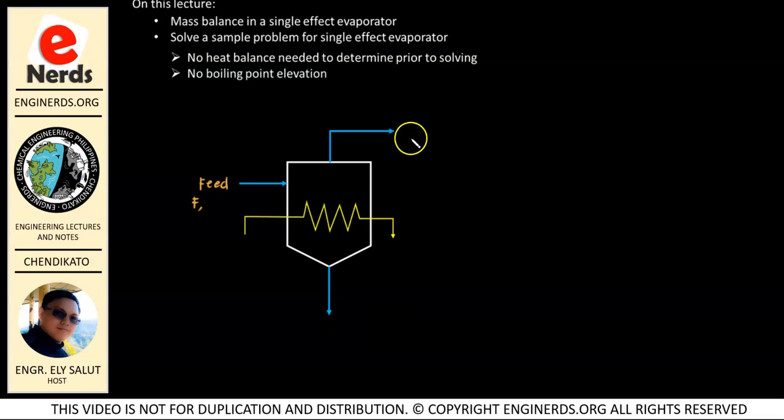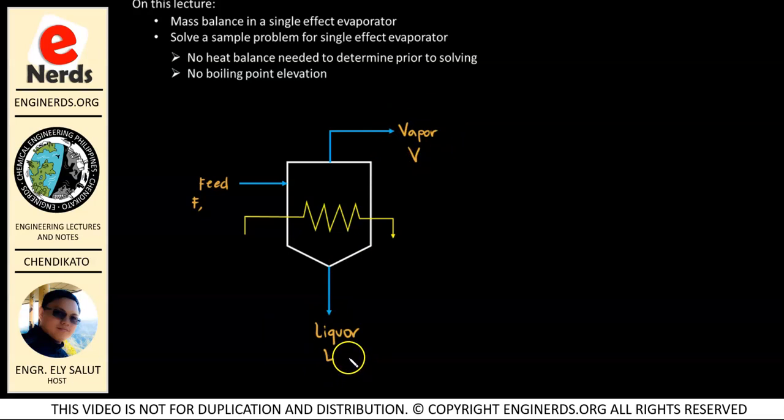And then here, we have our vapor in which we will have this as V. And dito naman sa ating baba yung ating concentrated product, which we also call the thick liquor, and we will be identifying this as L. So yung F natin dito is our mass flow rate of dilute feed. Ang ating V is yung mass flow rate ng ating vapor, at yung L is yung mass flow rate ng ating liquor.